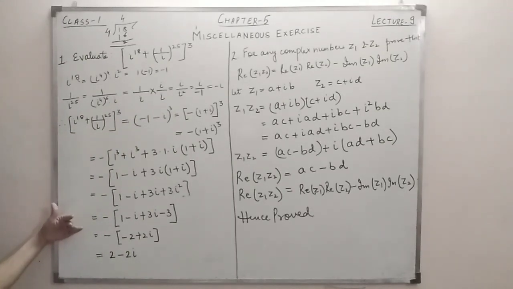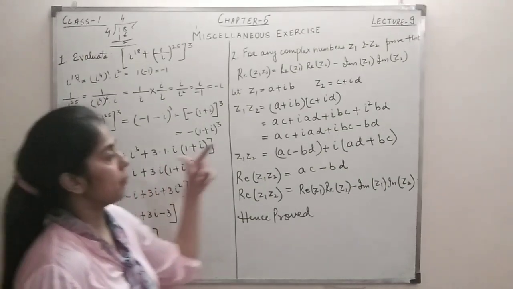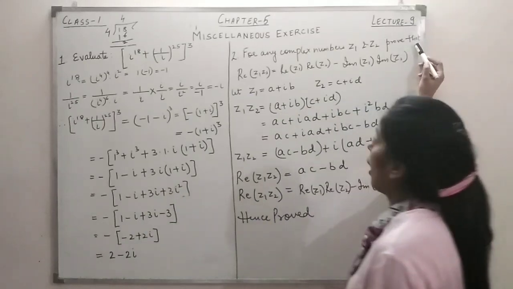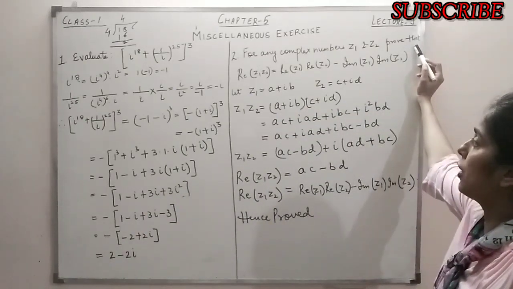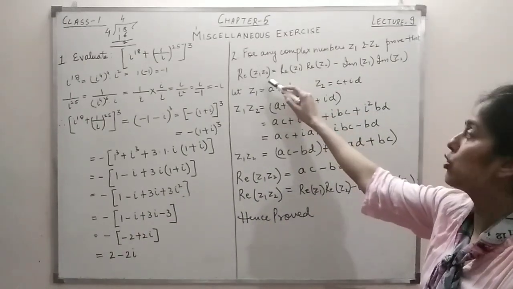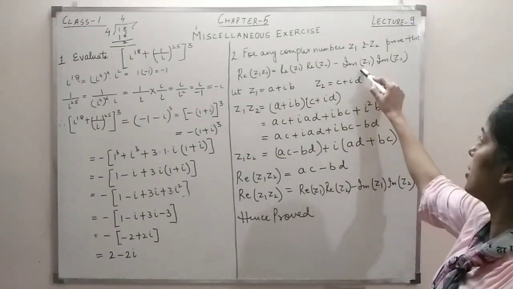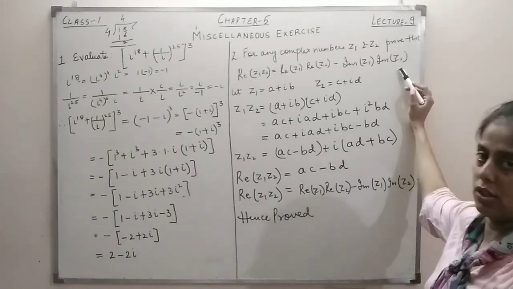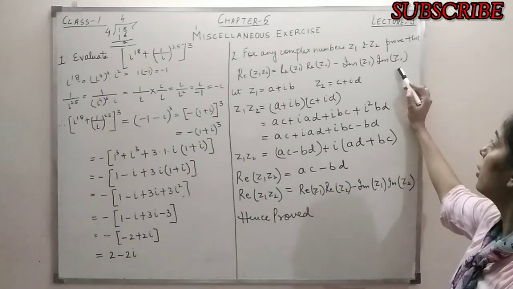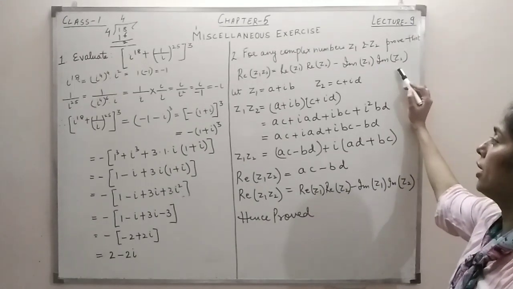Now in question number 2, for any complex numbers z1 and z2, we have to prove that real of z1 into z2 equals real z1 into real z2 minus imaginary z1 into imaginary z2. So we have taken two complex numbers z1 and z2.